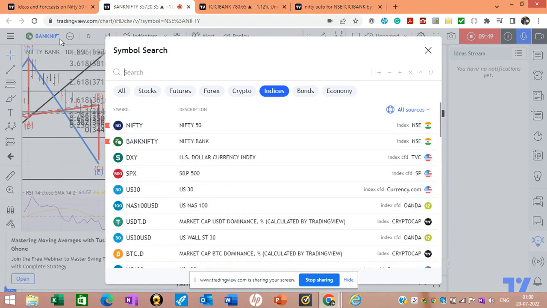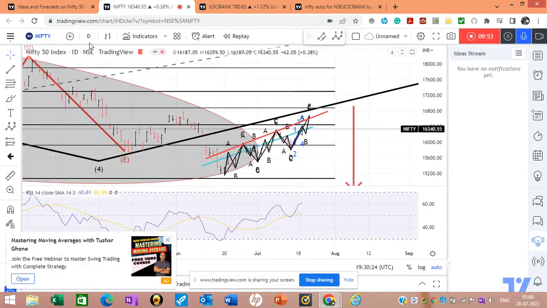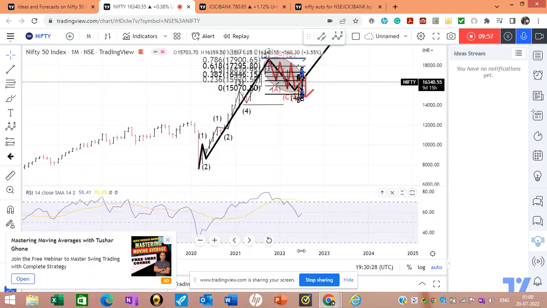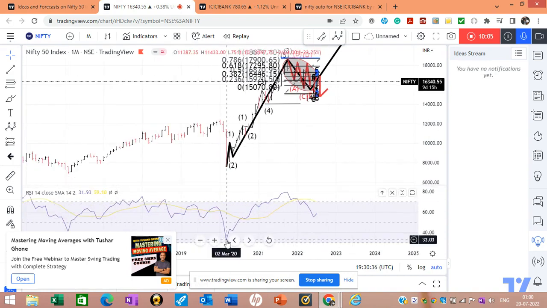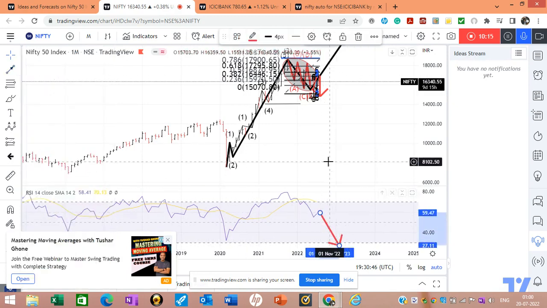Let me just open Nifty 50 on a monthly chart and on a weekly chart. Monthly chart, you see that? This was the top and now the decline has started. On a monthly chart, this was the decline up, and now we are going to go all the way down. This is not going to go up, all the way down.